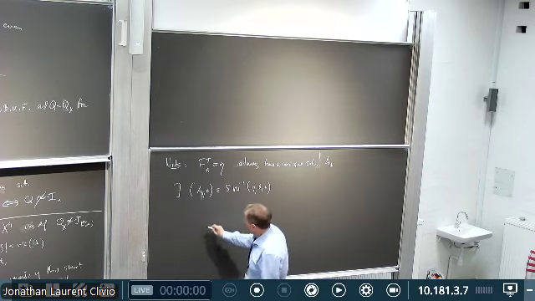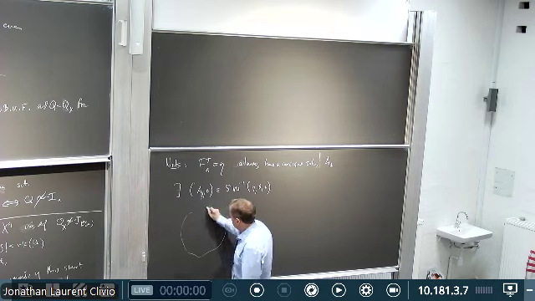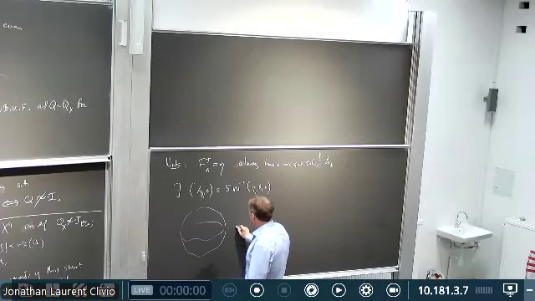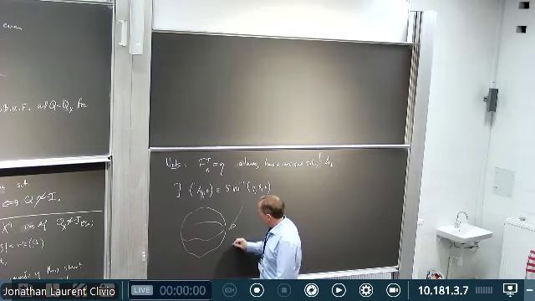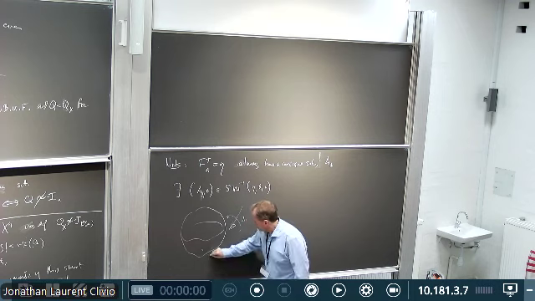So this is our Seiberg-Witten moduli space, and it has a U1 action on it, and it has a unique fixed point.